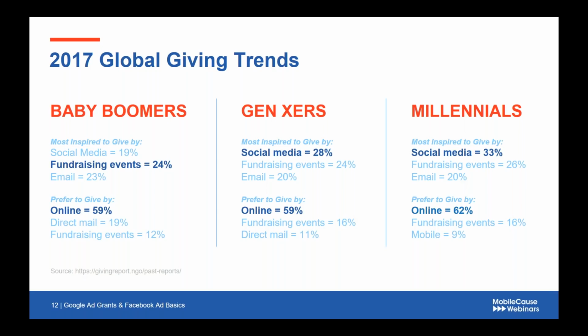They get to feel the mission, we're there in person, and that's still a big factor for baby boomers. However, social media and email are continuing to grow. For Gen Xers and millennials, the number 1 thing they flagged for why they give is social media, their time on Facebook and what they see on Instagram. Fundraising events are still important here as well, and email is a big part of this for all 3.